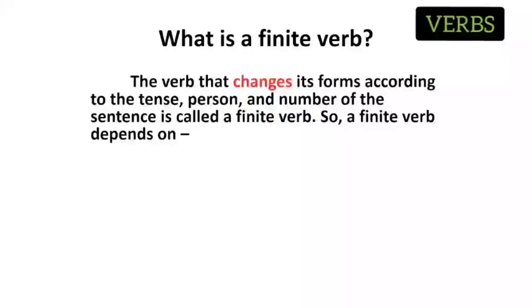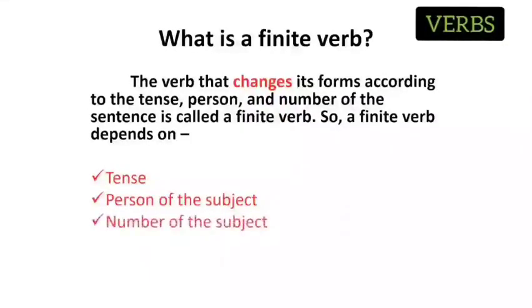We have to see whether the verb can get changed in past or present form, and the other forms like ing, ed, infinitive, participle, these forms are non-finite. So we have to look at tense, person of the subject, and number of the subject.